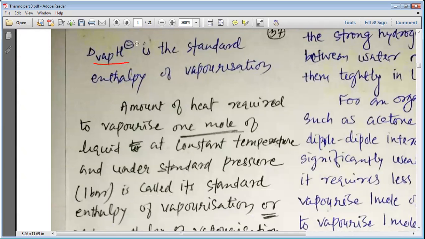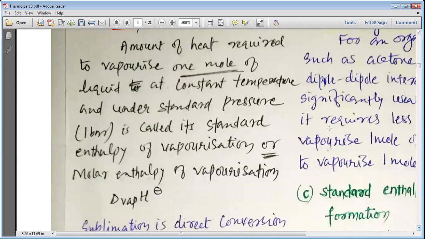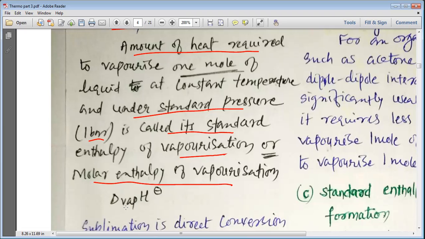So delta vaporization H standard is the standard enthalpy of vaporization. If we want to write the definition of standard enthalpy of vaporization, we should write it as the amount of heat required to vaporize 1 mole of liquid at constant temperature and under standard pressure, that is 1 bar, is called its standard enthalpy of vaporization, or also the molar enthalpy of vaporization.